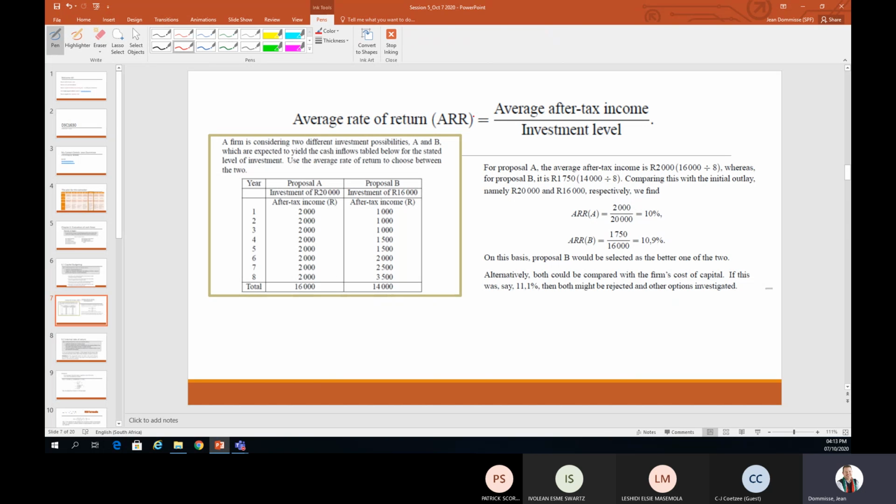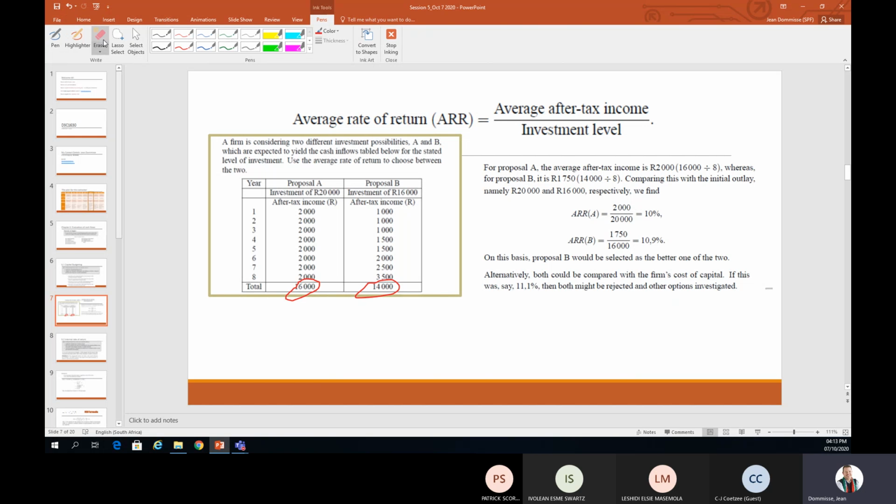So basically what we are doing with the average rate of return is to say we look at the total, we get the average for that total, and then we compare the two.